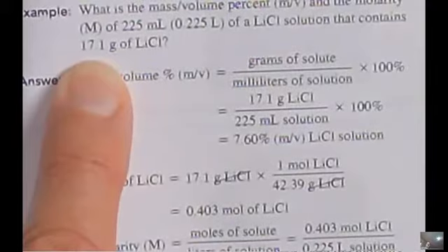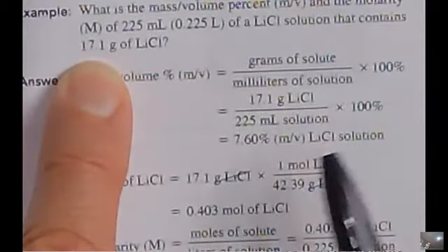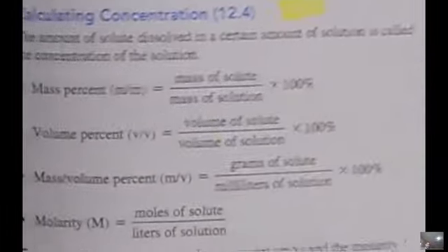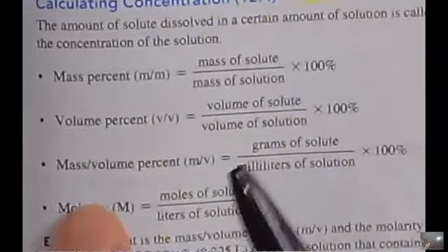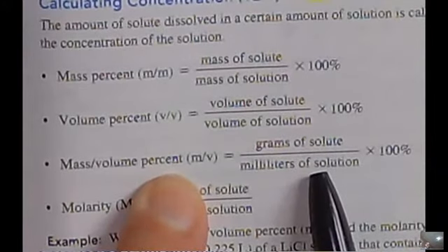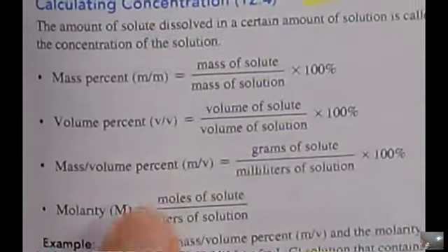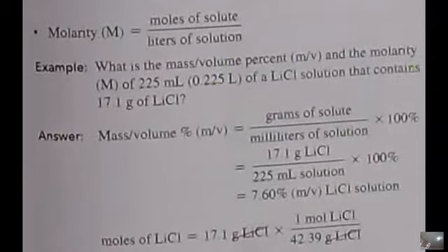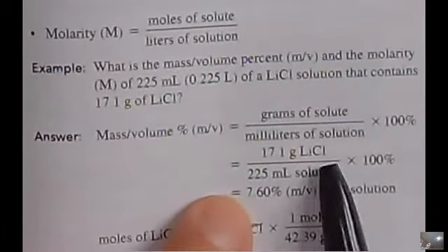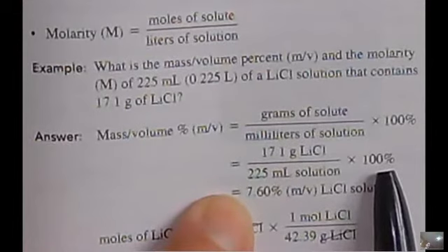Okay. What goes in the denominator? The definition up here of mass percent is the grams of the solute divided by the milliliters of solution. So I leave that alone. 225 goes in the denominator, and then I just multiply by 100.